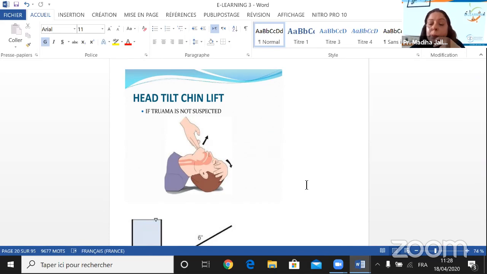But why do you choose this position? Why do you tilt the head with the chin upward? Why do you choose these head tilt and chin lift positions? Any answers?